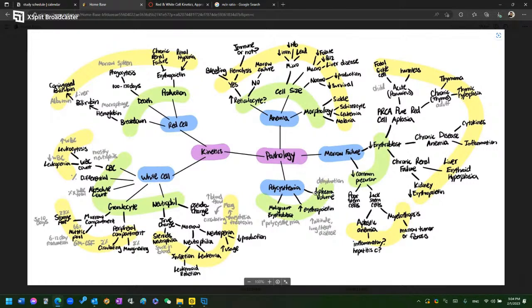That could either be due to benign conditions, either we're dehydrated and it just looks like we have polycythemia, or it could be something where we actually have increased erythropoietin, we actually have more red blood cells. Or we could have primary polycythemia and actual malignancy, which we will cover as well.